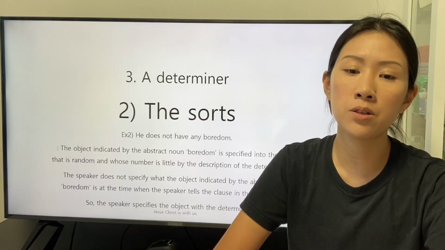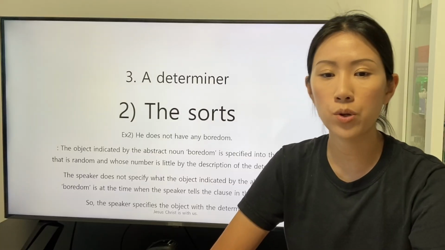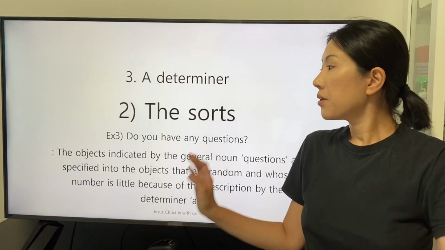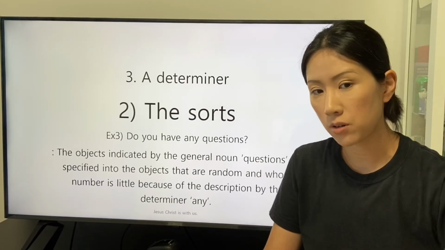So we can understand that the definition of the transitive verb have can be extended to describe the existence of the object that has existed.